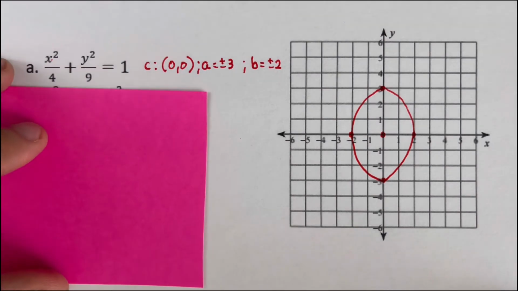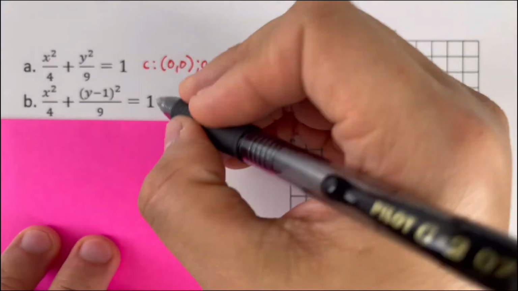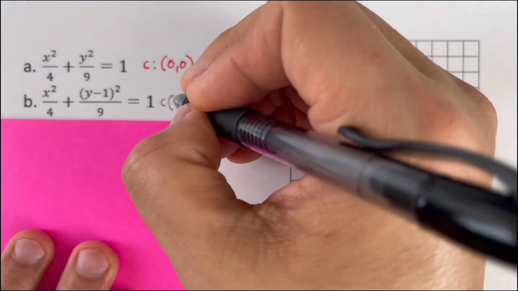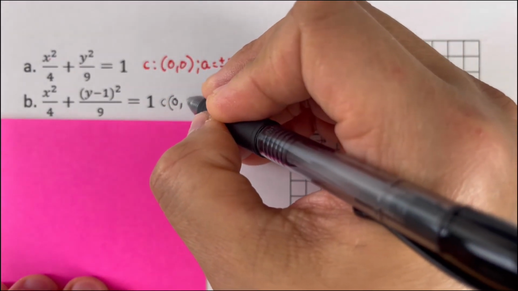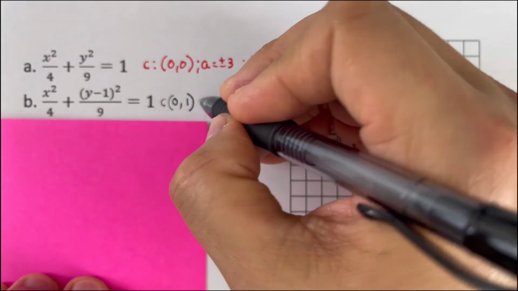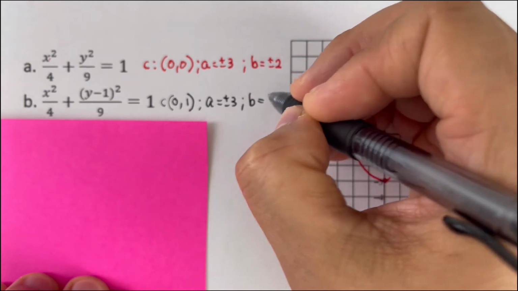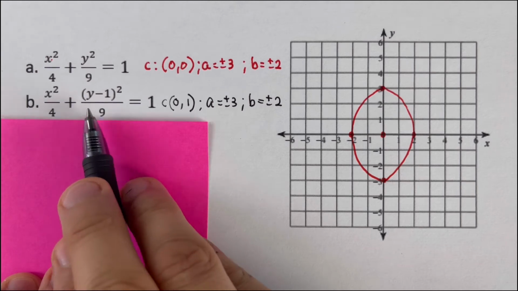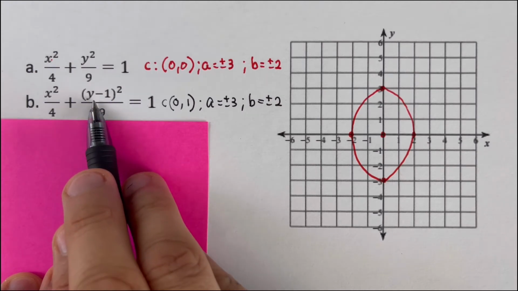Now let's look at the second equation right here. In the second equation, again, we remember our center is 0, and then switch, so that would be a positive 1. So we can go ahead and say that our A is plus minus 3 and our B is plus minus 2. And again, the vertical axis is our major axis, since 9, the bigger number, A, is located below the y.